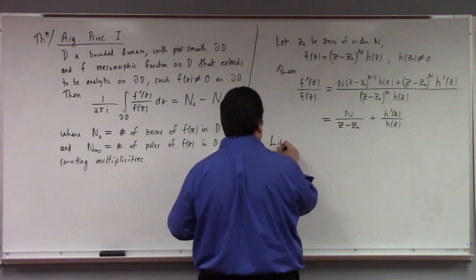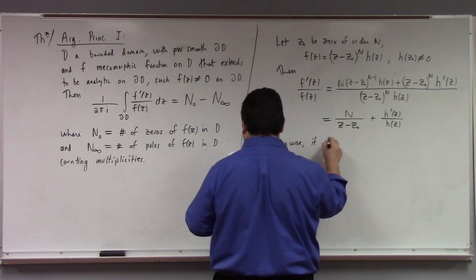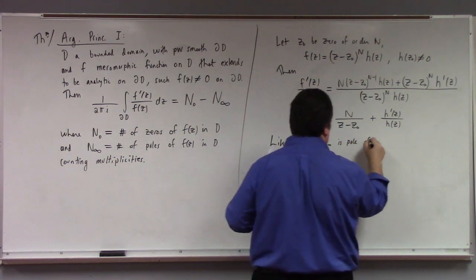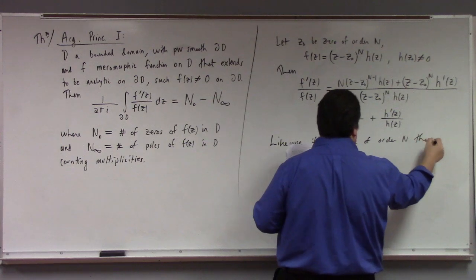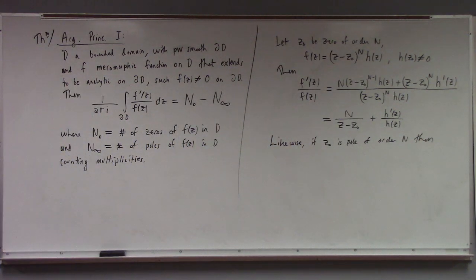Likewise, if z naught is a pole of order n, then what is f of z equal to?